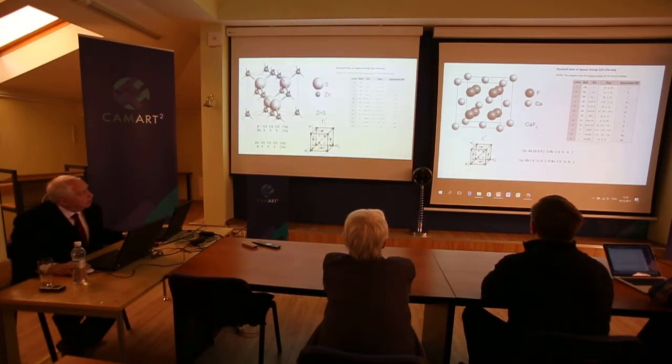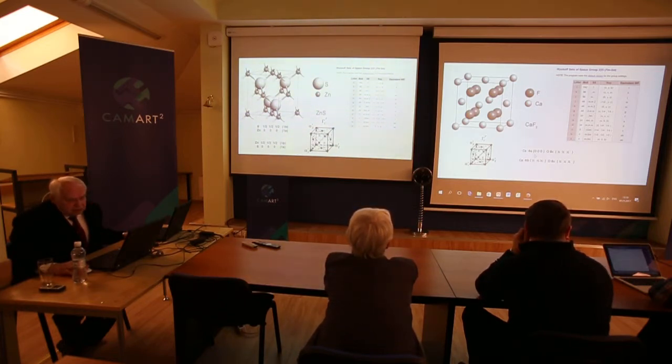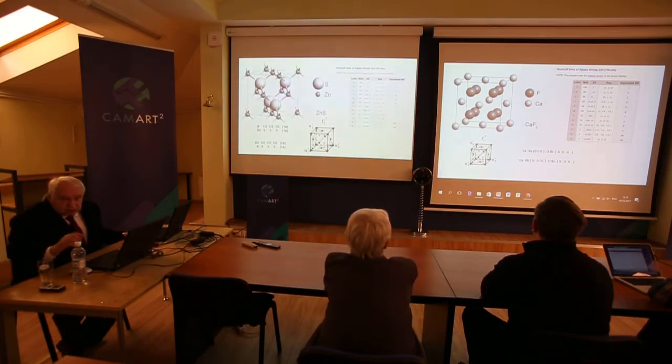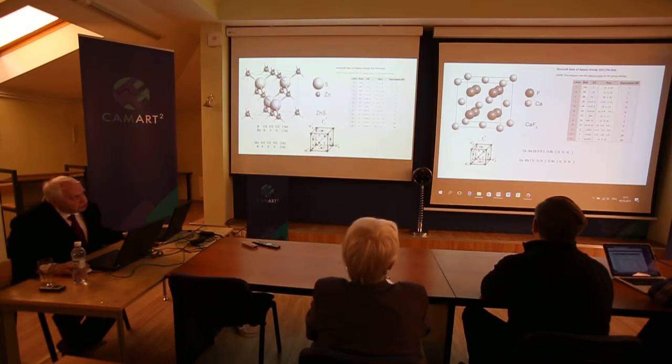In one crystal, for 1 zinc, 1 sulfur, but in calcium fluoride, for 1 calcium, 2 fluorines. Therefore, the occupation is different. In zinc sulfide, both occupy position 1A or 1B, the same space group, but different distribution of atoms in these two structures.